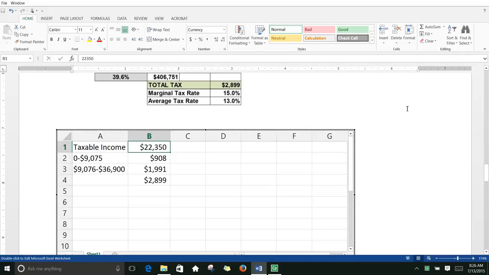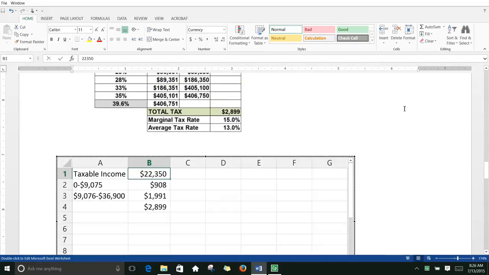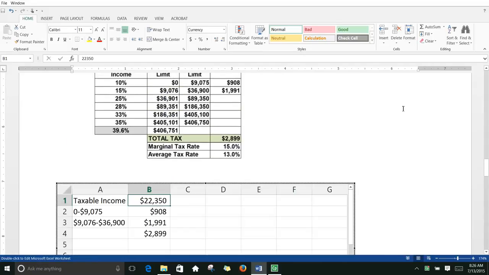She has to pay taxes, according to the chart, on the first $9,075. She has to pay 10% on those taxes. So $9,075 times 10% gives us $908.